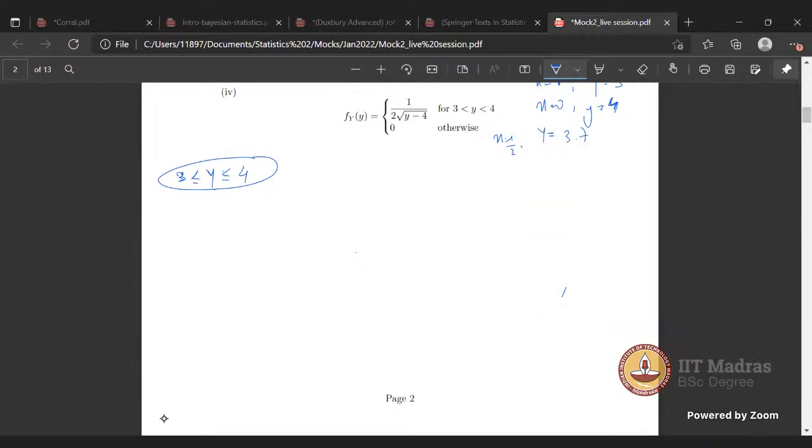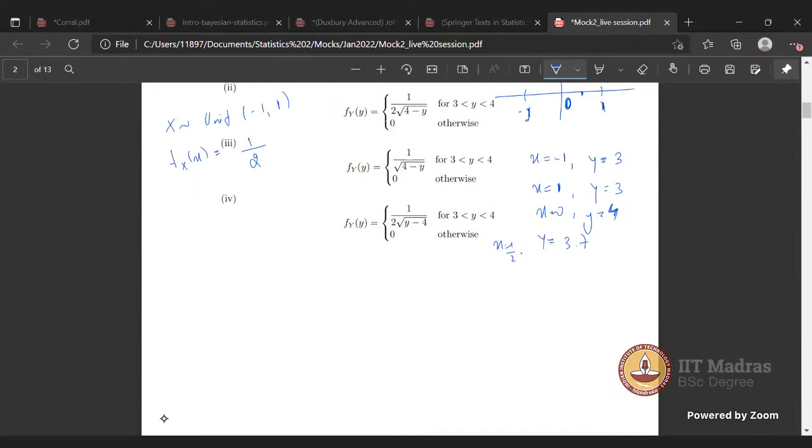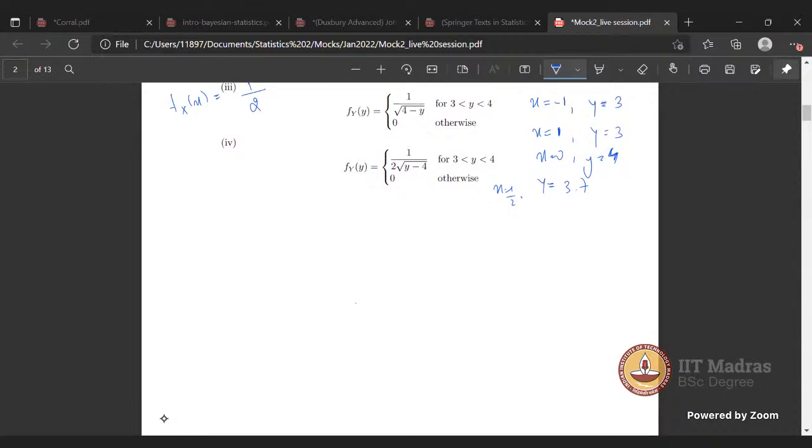Please solve this. This is the problem. All right. So we were looking for the probability that Y is less than this, right? And we had got the probability that x square is greater than or equal to the square root of 4 minus, sorry, this is 4 minus y.